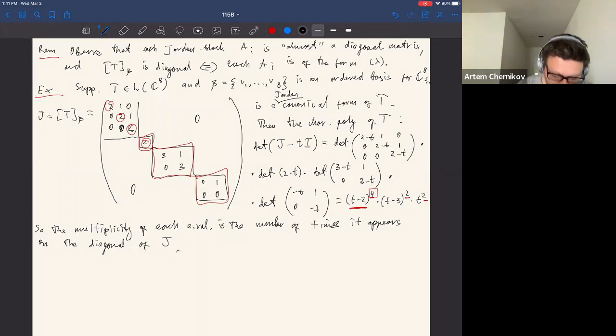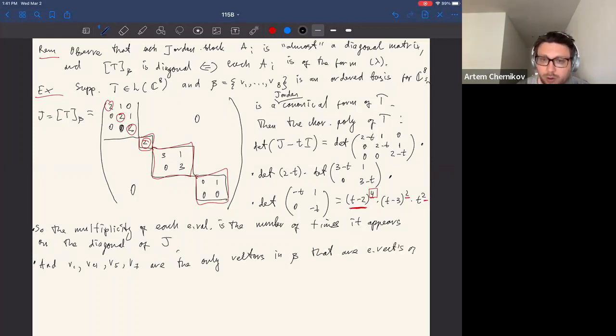Also, in this example, we can observe that the vectors v1, v4, v5, and v7 are the only vectors in beta that are eigenvectors of T. The only vectors in the basis which happen to be the eigenvectors of T. And this we can verify, since we know the characteristic polynomial.